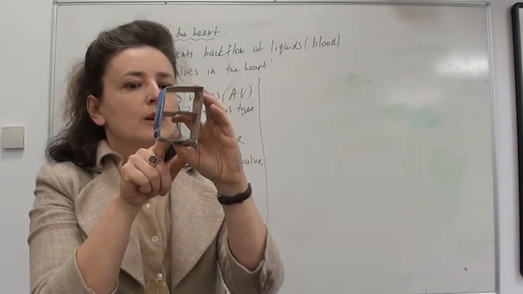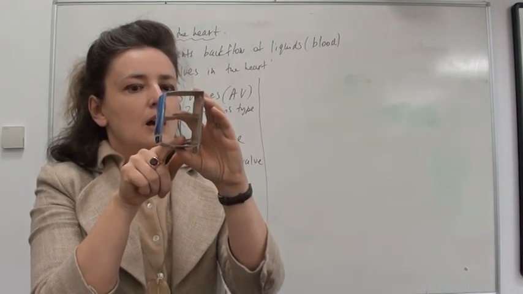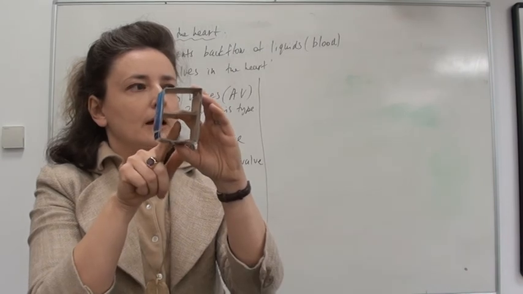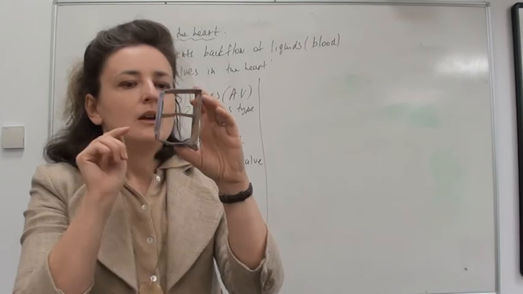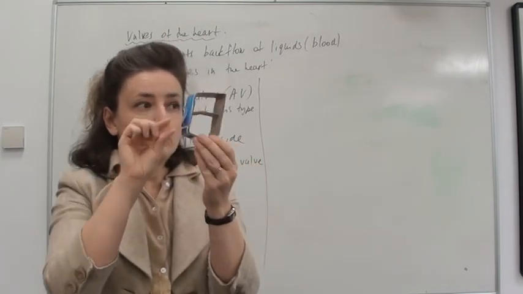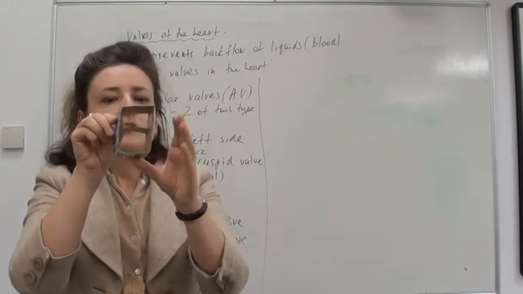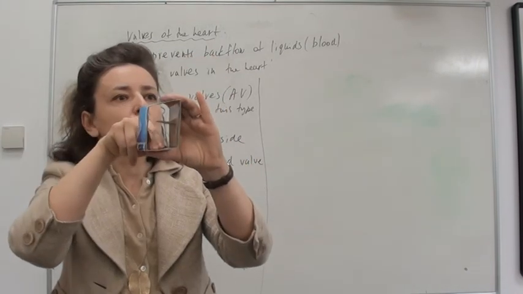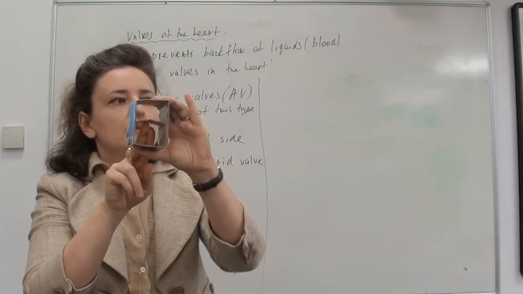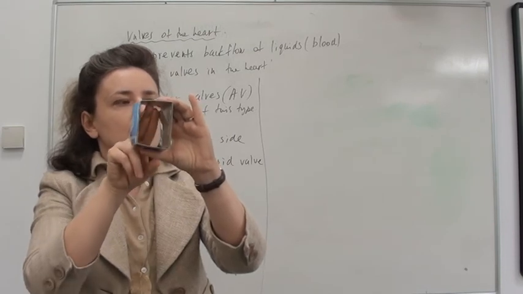And then when I'm squeezing ventricle, I don't want it to come back towards atrium. So I want that valve to be closed. The issue is, the way I've designed it, if I'm pushing on those flaps, it's letting liquid through. And if that liquid is pushing on those gates, can you see, they're open again.